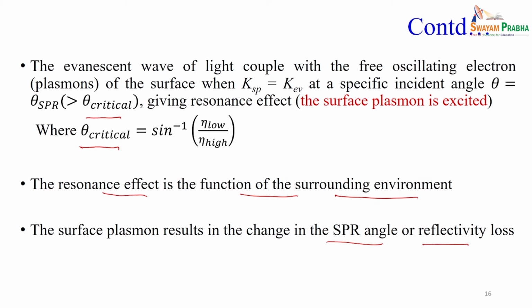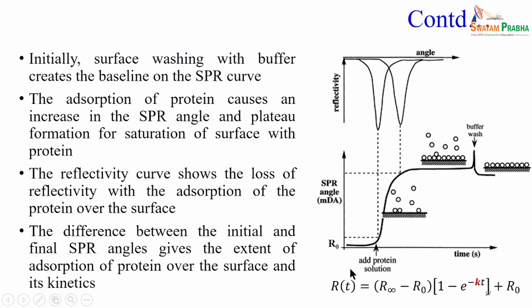Because of the change in the SPR angle, we can say there is some change in the surface property. Like here, this is the angle and this is the reflectivity. We are seeing there is a change in the SPR angle.